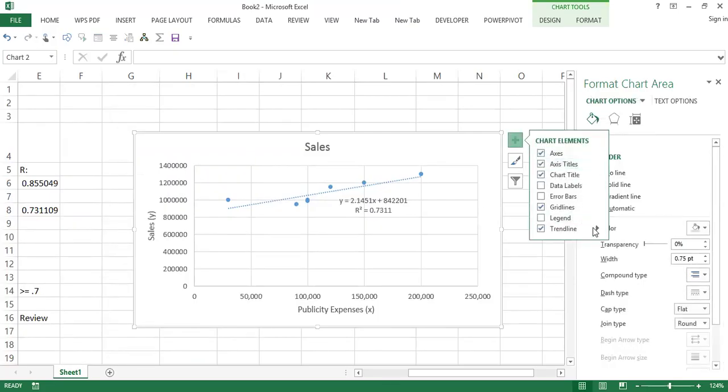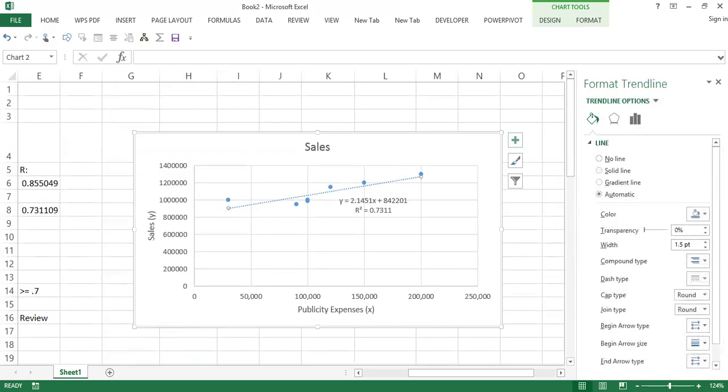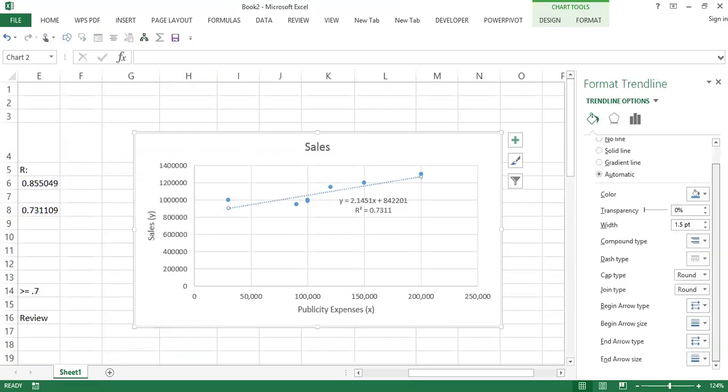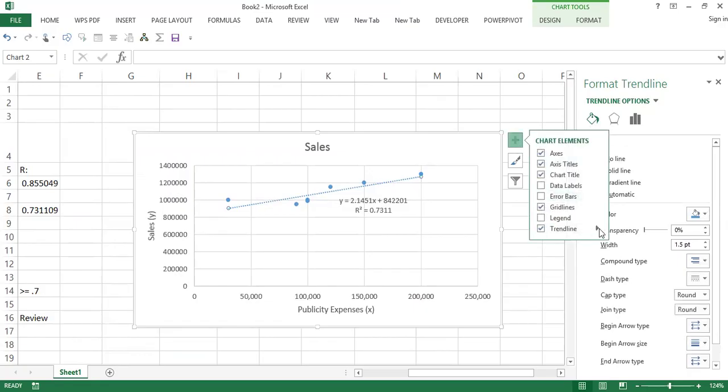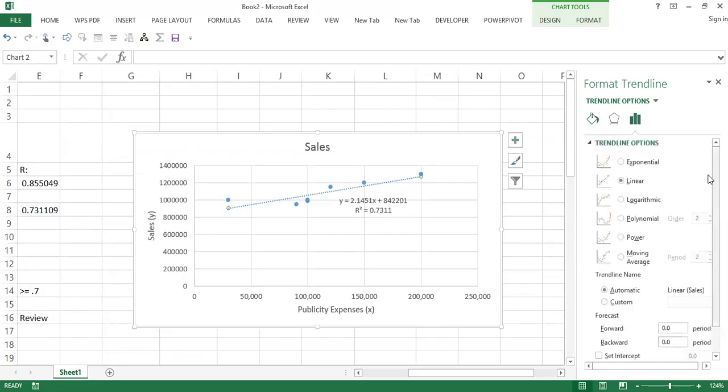These other types of regression. Here we have exponential regression, linear regression, logarithmic regression, polynomial and power regression, and there's even the moving average.